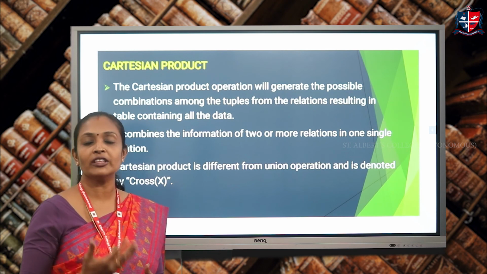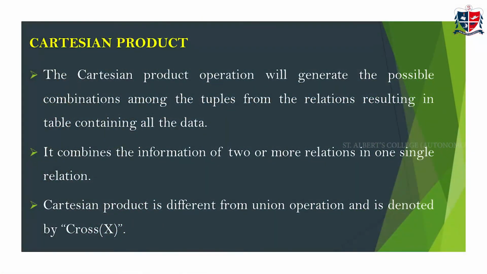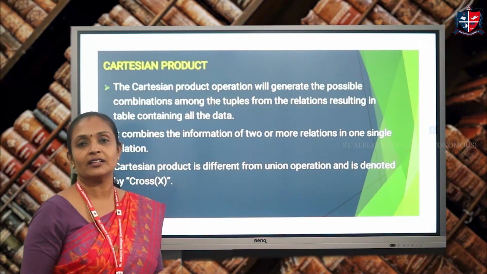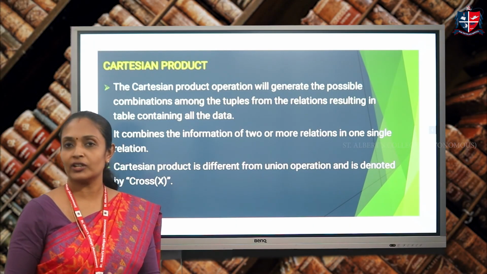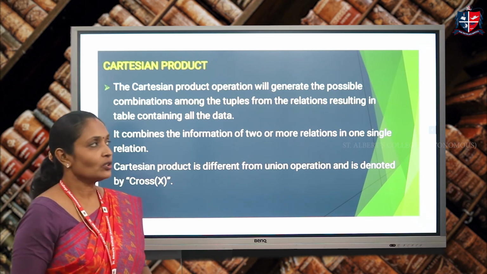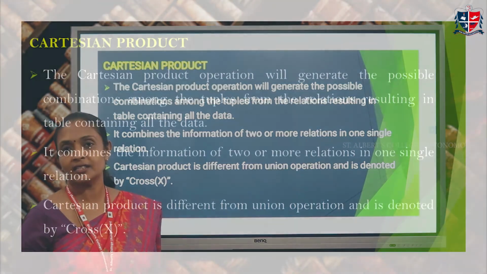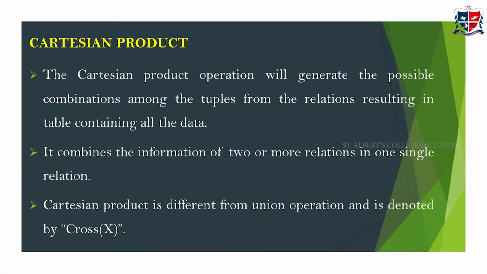It checks all the possible combinations and produces the required result. In relational algebra, the Cartesian product is represented by the symbol cross or X. If we need to combine two or more relations to generate a single relation, we use the Cartesian product operation.